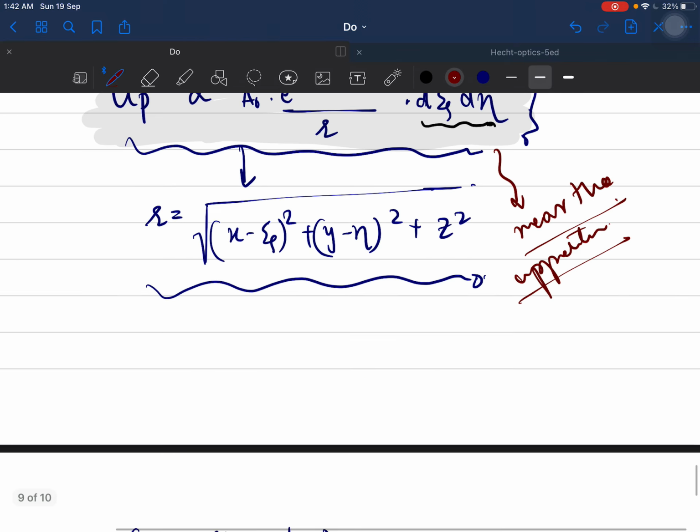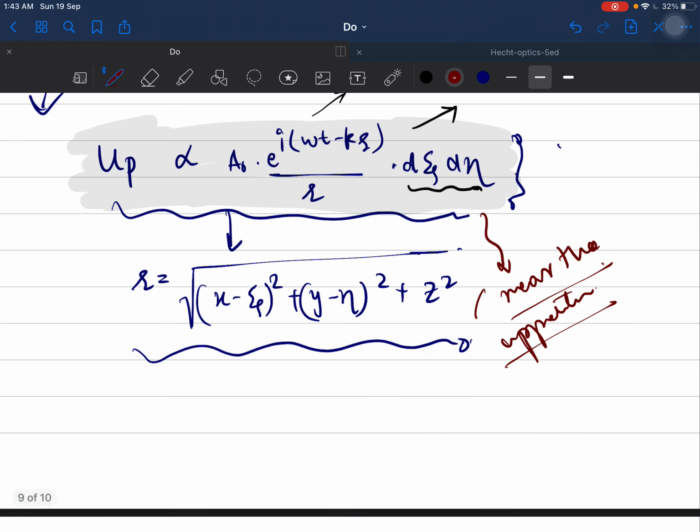Exactly, right? Near the aperture, the field is kinda split. The field at that point is not A naught anymore. Some characteristic of A naught by R naught.